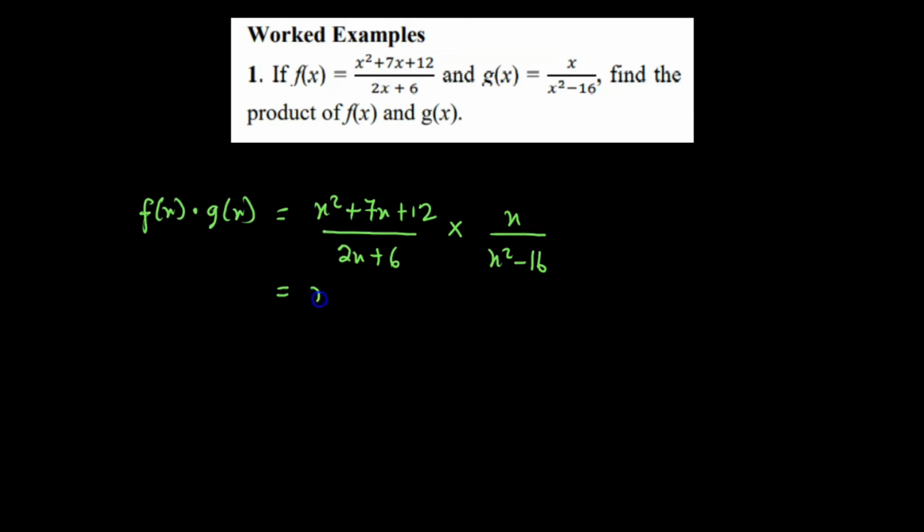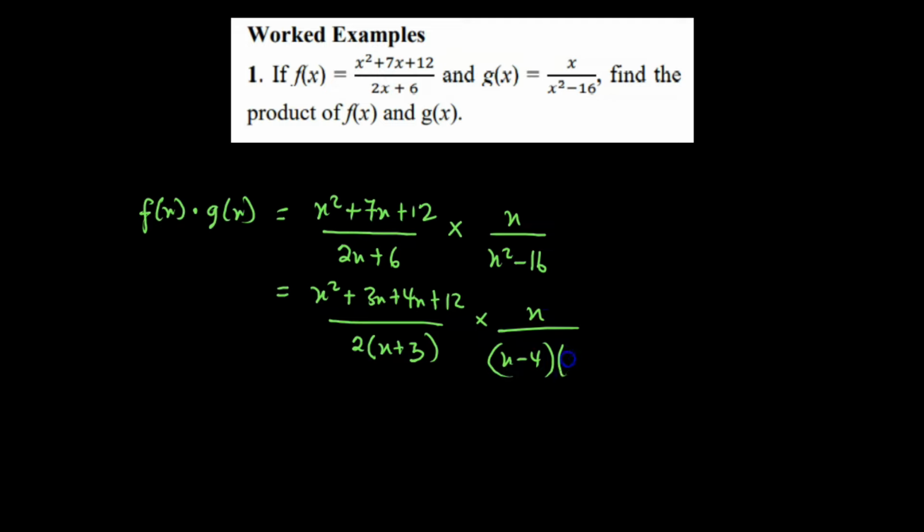So I have it as x squared plus 3x plus 4x plus 12 all on 2x minus 6. Actually, let me factorize it straight ahead so that I don't repeat myself. That is going to be 2 out into bracket x plus 3, times x all on x minus 4 multiplying x plus 4, because that is a difference of two squares.